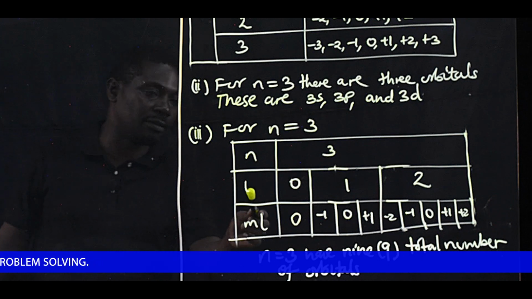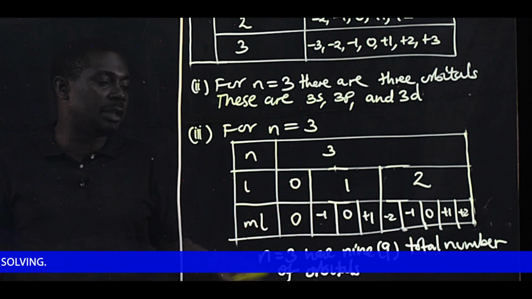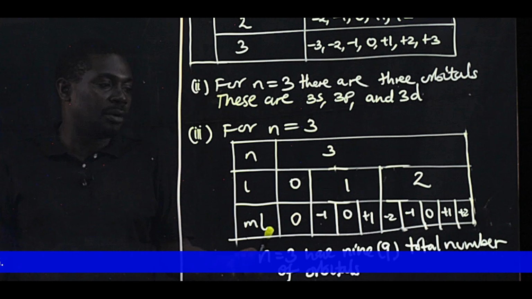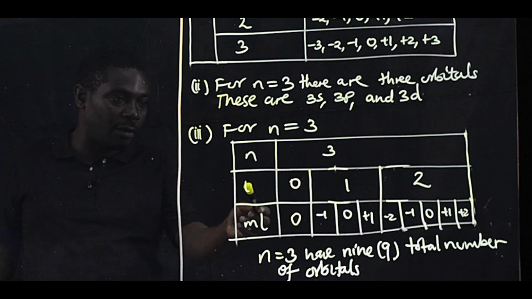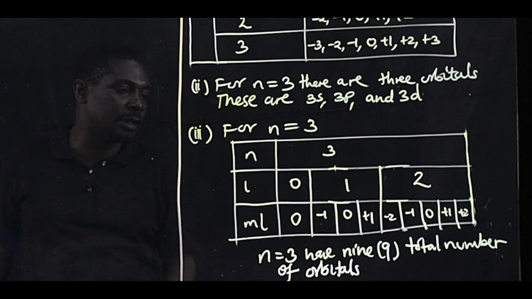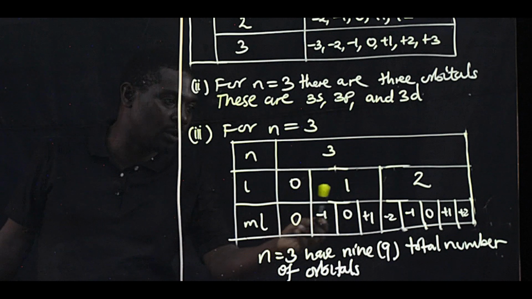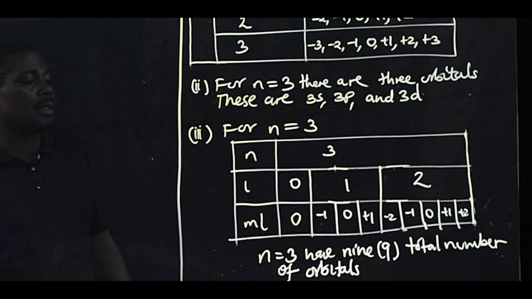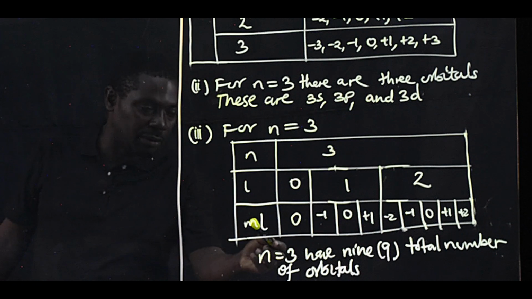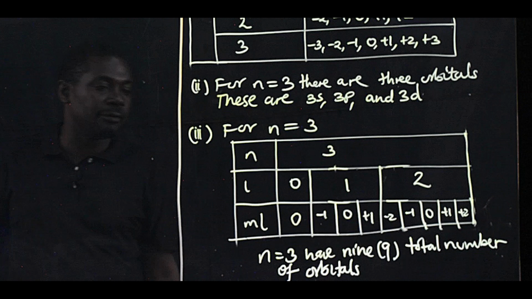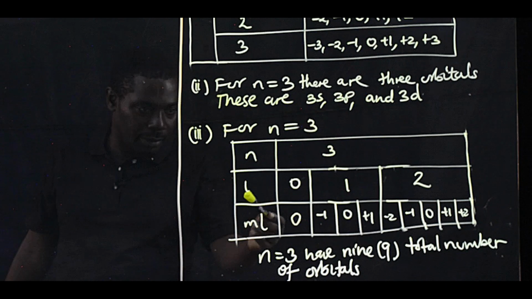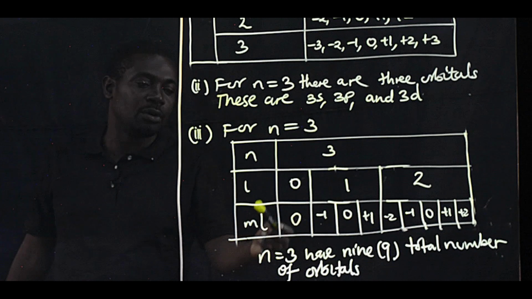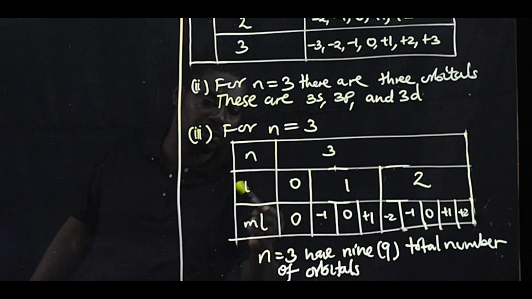So the value of l for n is equal to 3 ranges from 0 to 3 minus 1. So the values of l for n is equal to 3 are 0, 1, 2. And for any given value of l, ml ranges from negative l to positive l through 0.